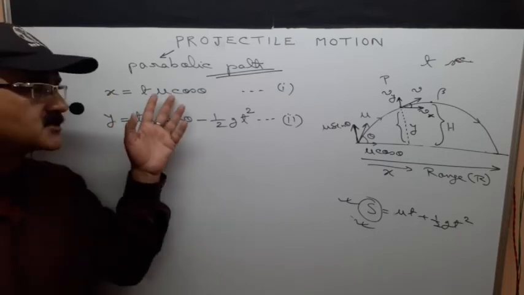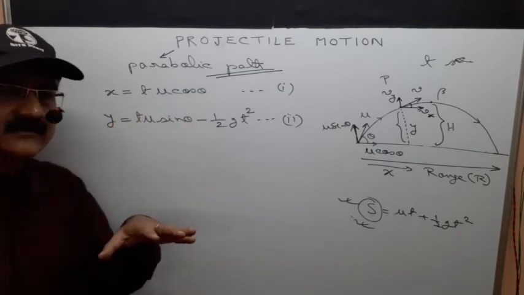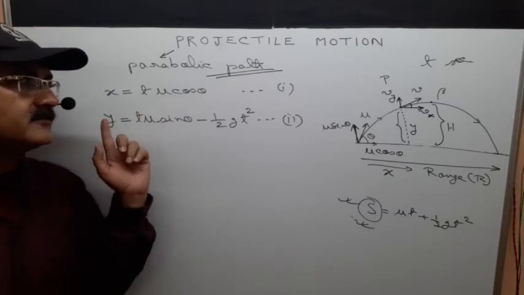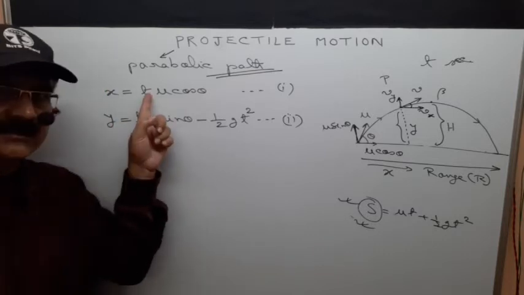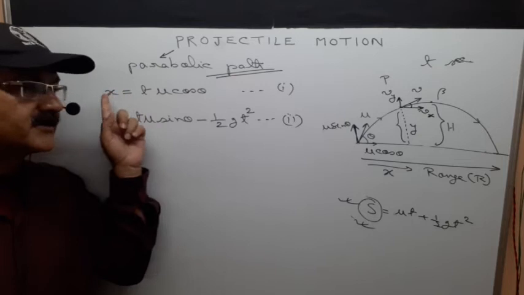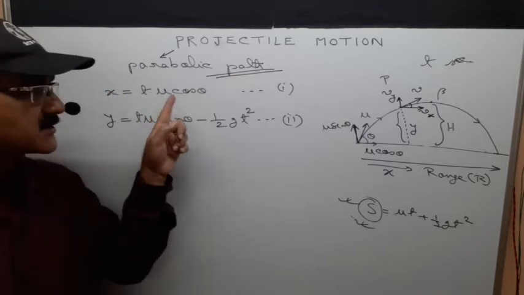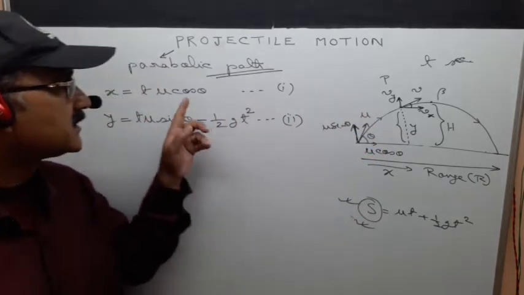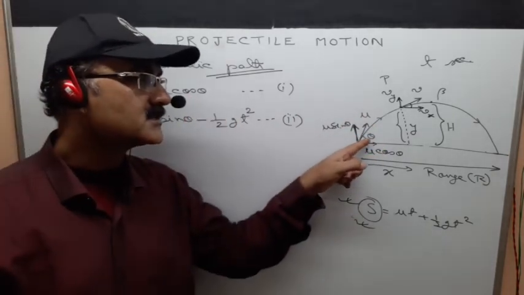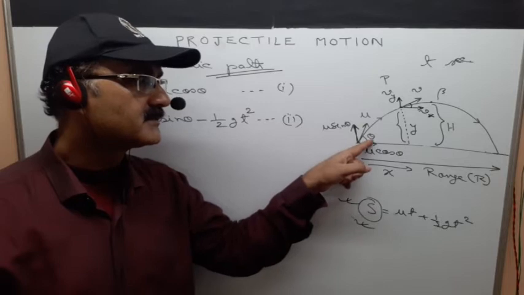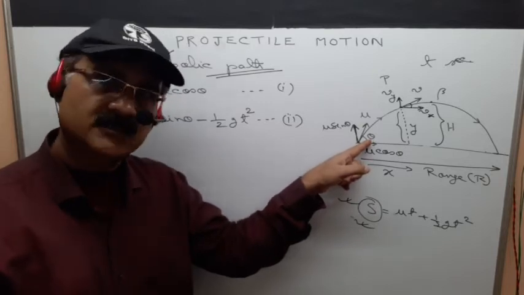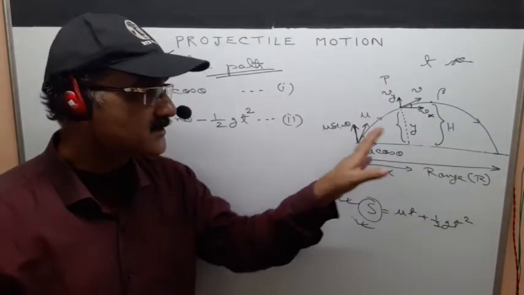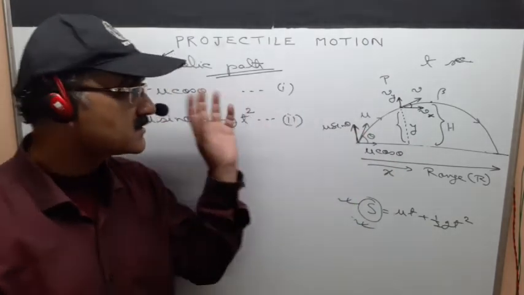So now look at these two equations. What do we have? We have x, we have y, and also we have t. These are the variables we have. u is constant because we know we have thrown it with a velocity u. Theta is constant in the sense we know this is the initial value, we threw it with an angle theta. But which quantities vary?